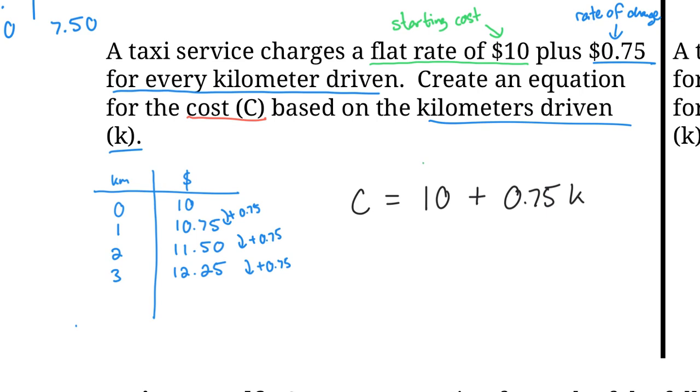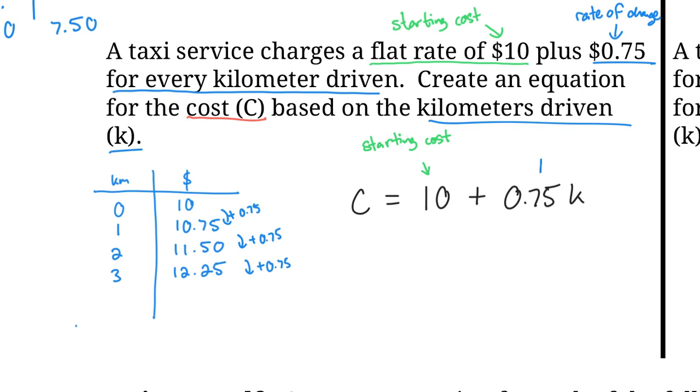So something to note in your equation, if you have a starting cost or it's a flat rate or an initial cost, whatever your problem might call it, if you have that flat rate, it's going to be on its own in the equation. And that's because you're only being charged that amount once. You're not being charged that flat rate over and over again.